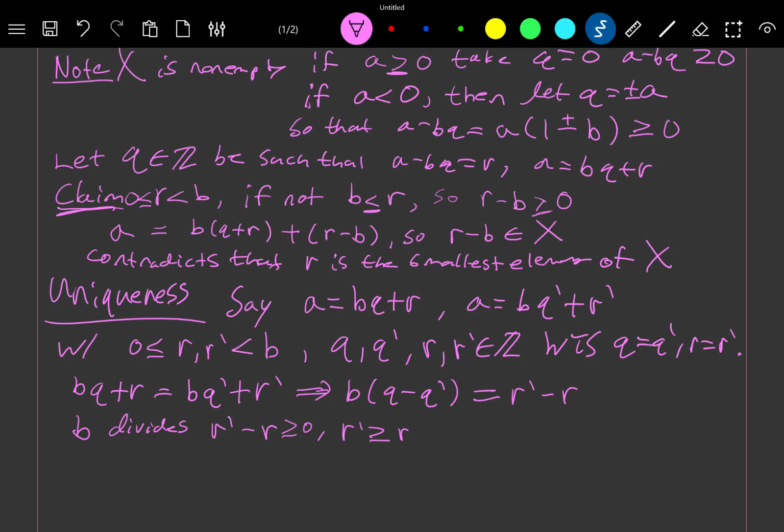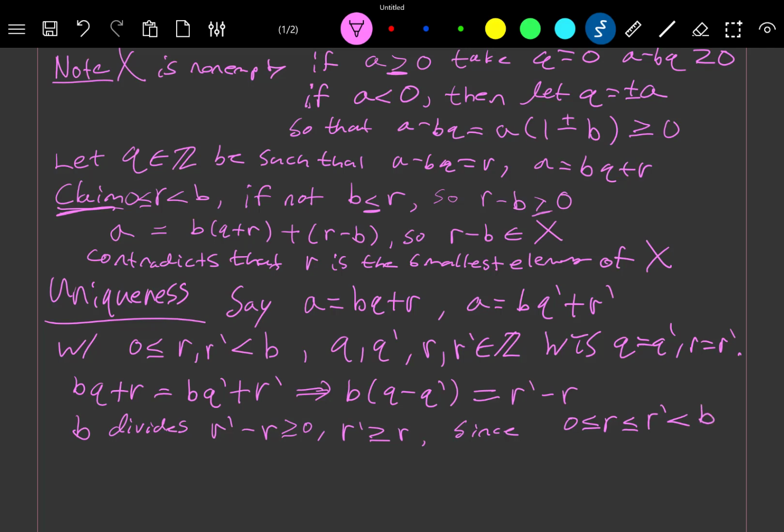And that just means R prime minus R is B times something. But we know, so we have 0 is less than or equal to R, which is less than or equal to R prime, which is less than B.